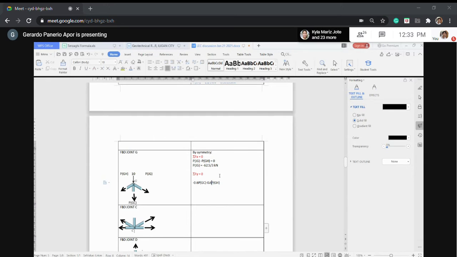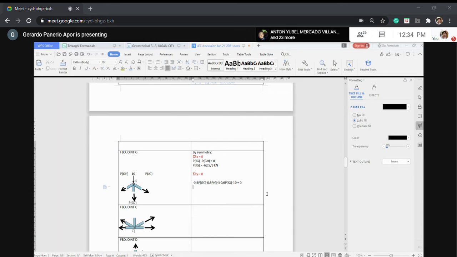And then there's also another one, 0.6 is actually 3/5 of PJG. So all of them are negative because they are directed downward. But we know that PGC and PGH and PGG have a negative sign. So and then we have also minus 10 is equal to 0.